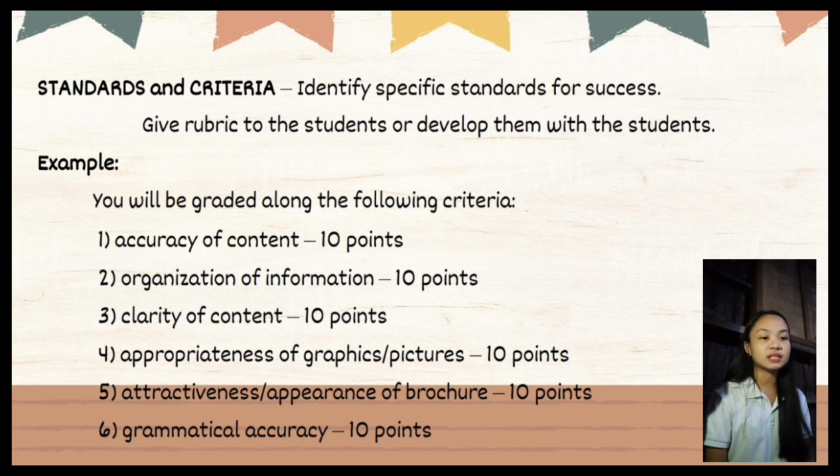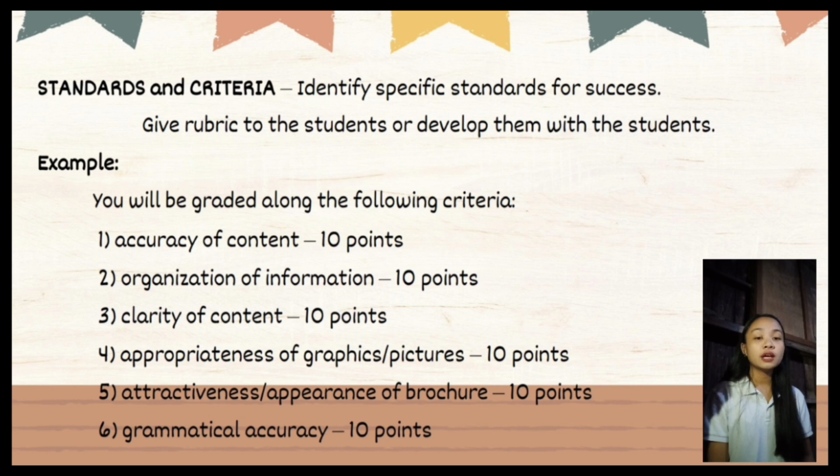That weighs 10 points. Next is attractiveness or the appearance of the brochure, 10 points, as well as the grammatical accuracy, 10 points. So as we all know, a brochure should include text, and the text should be grammatically correct or accurate, and that is 10 points.